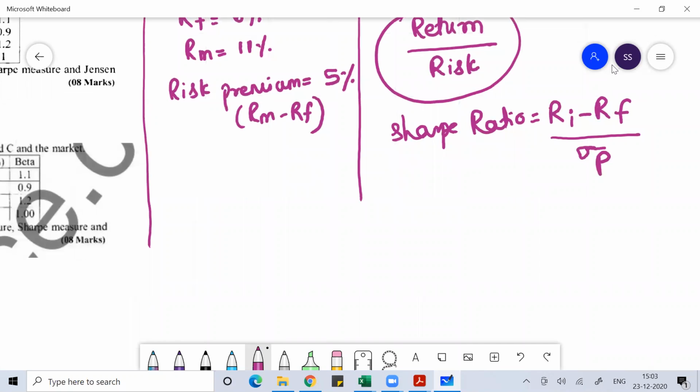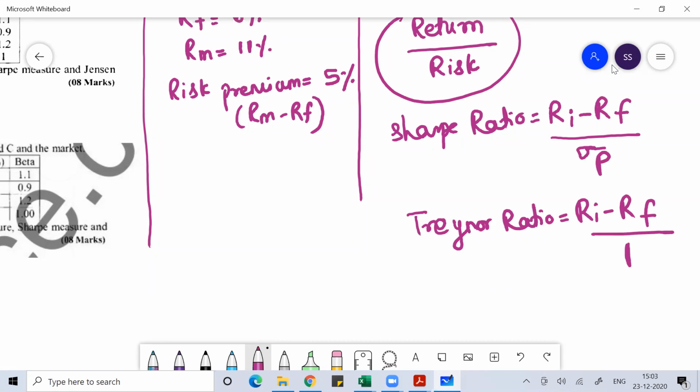Treynor ratio is the return on the stock minus the risk-free rate of return divided by the beta of the portfolio. Either I talk about the standard deviation of the portfolio or the beta of the portfolio, both factors measure the risk on the portfolio.